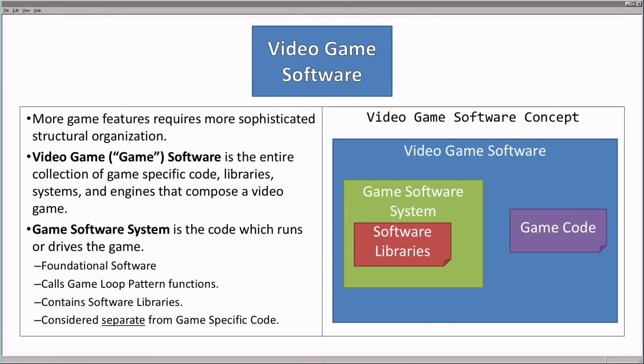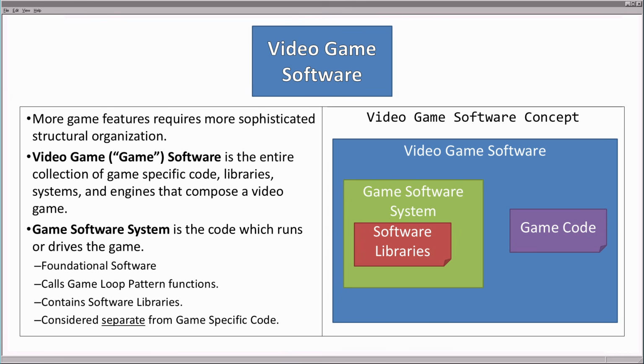Speaking broadly, video game or just game software is the entire collection of game-specific code, libraries, systems, and engines that compose a video game. The game software system is the code which runs or drives the game.